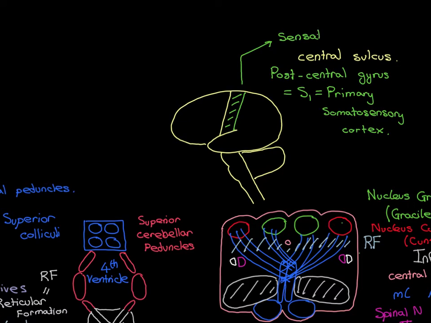So sensory information arrives up here. We understand that very, very well. We're going to study the pathways by which it arrives up here. But what we don't understand is how, once that sensory information has arrived up here, it then leads to conscious sensation. I can't give you the answer to this. I don't foresee the answer being found in my lifetime. The human mind might not be capable of understanding what consciousness is.